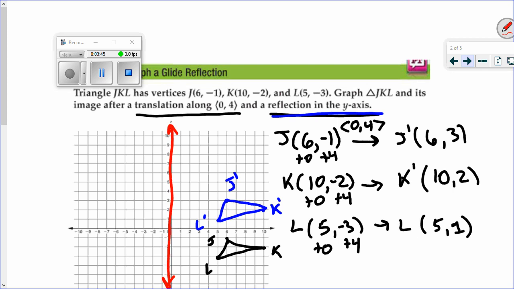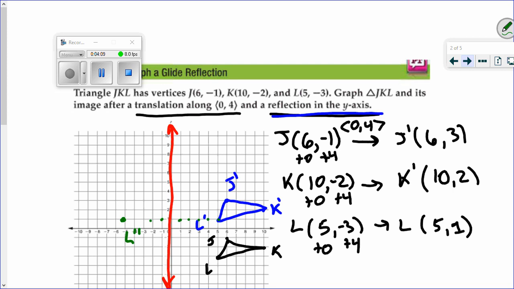Then we can just move them that far to the left. L is 5 units from the y-axis, so if we go 5 units in the other direction, there would be point L double prime.